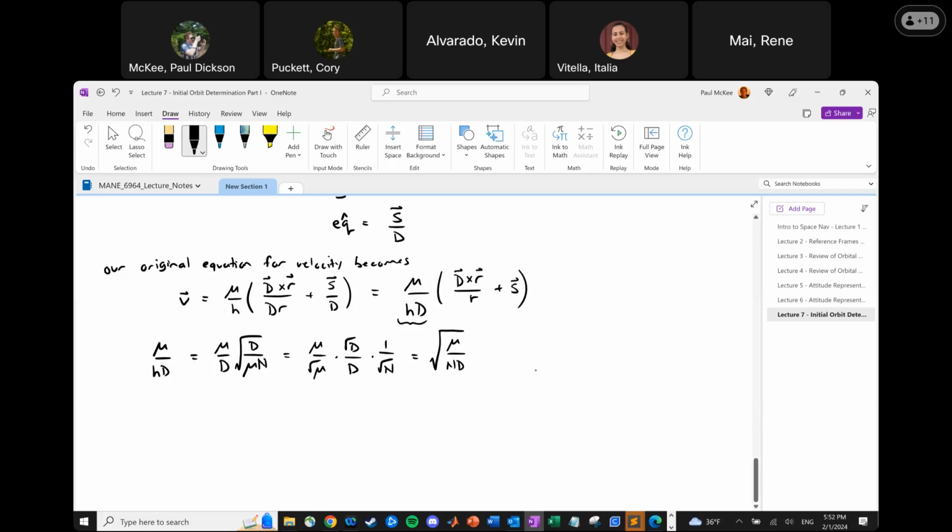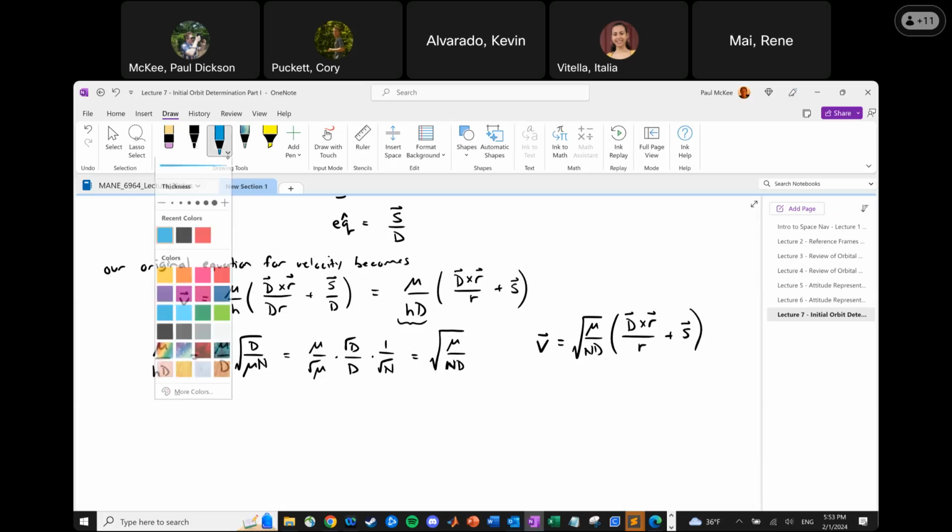I just find that a little bit more fun to look at rather than mu over HD. It's kind of your choice. But I don't like that H is something else that we need to compute. I like it to be nice and clean. So our final equation is going to look like this. Velocity is equal to square root of mu over N D, D crossed R over R plus S. And this gets a nice red box to go along with it.